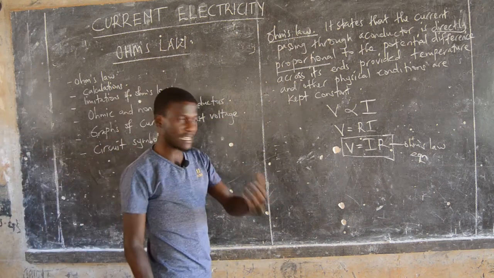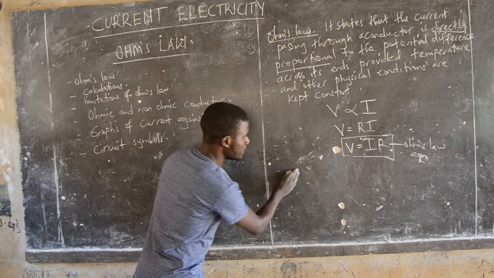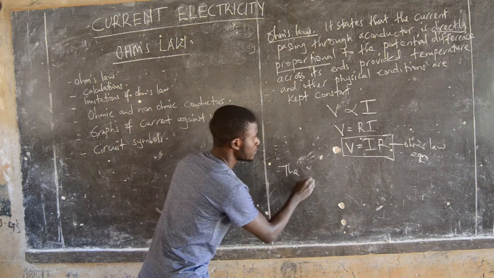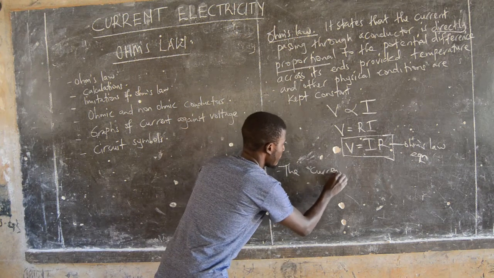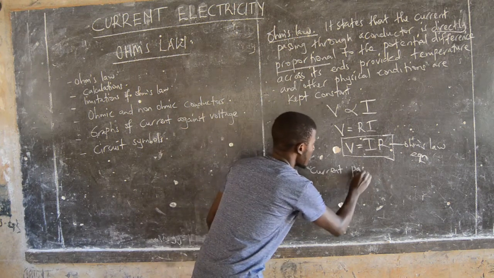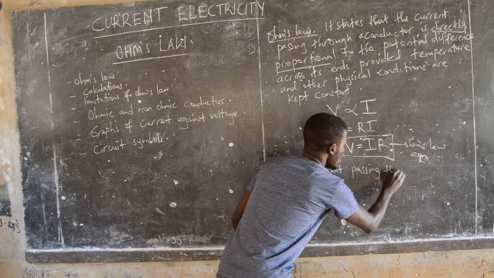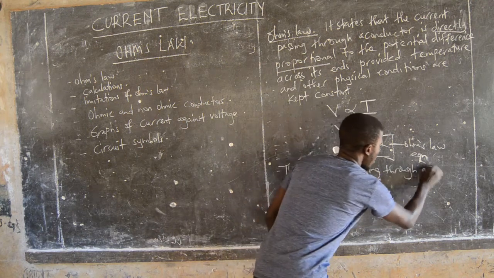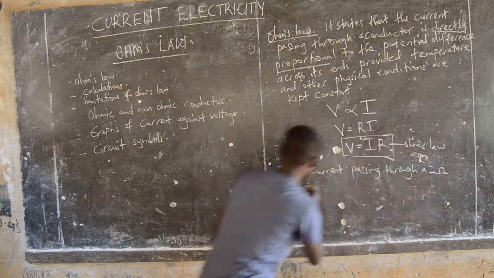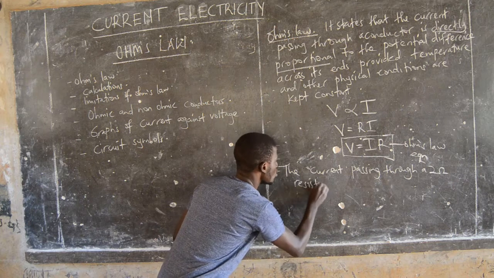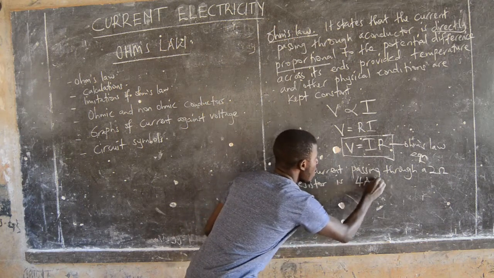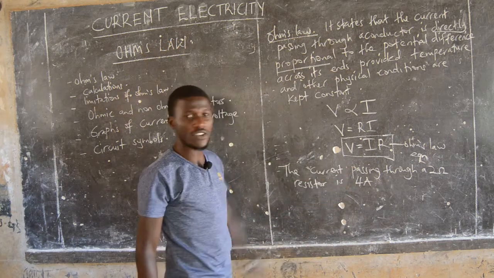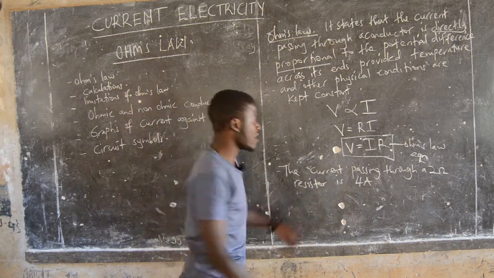I can give you an example. The current passing through a 2 ohm resistor is 4 amperes.